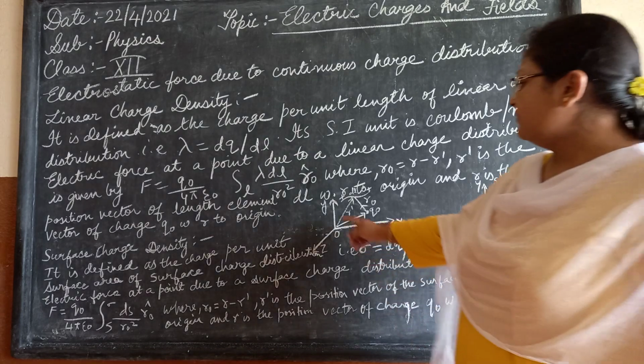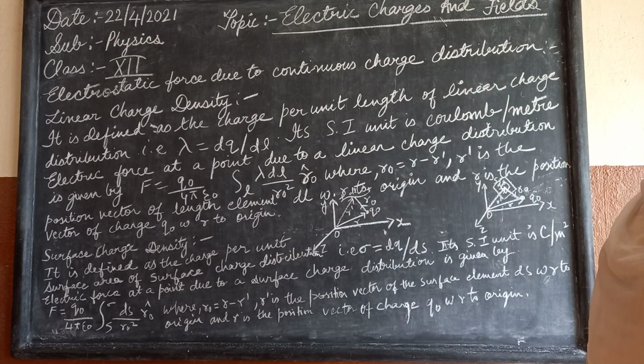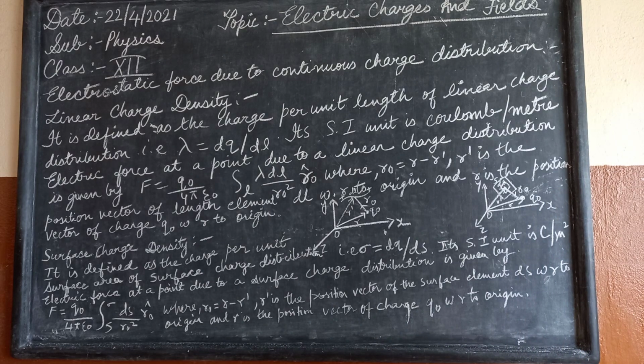Linear charge density is defined as the charge per unit length of the linear charge distribution, that is lambda is equal to dq upon dl. Its SI unit is coulomb per meter. Electric force at a point due to a linear charge distribution is given by F is equal to q q0 upon 4 pi epsilon 0 integral over L of lambda dl upon r0 square into r0 cap.